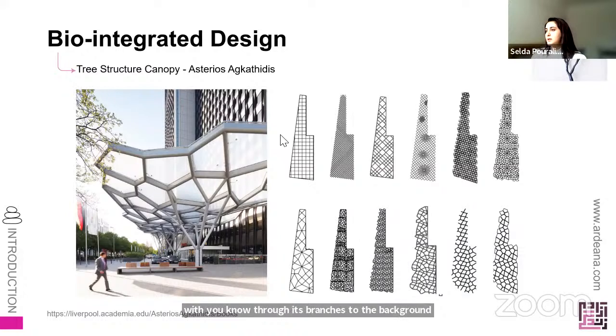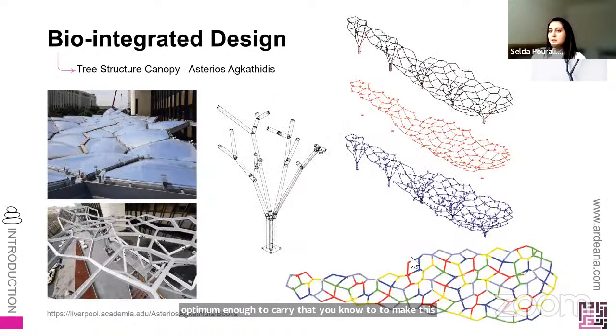As you can see, they started with some grid tessellation, and then went through the whole computational process to reach a point where they could say that these elements are optimum enough to make this system. And as you can see here, this is under construction, and this is the cover of it.